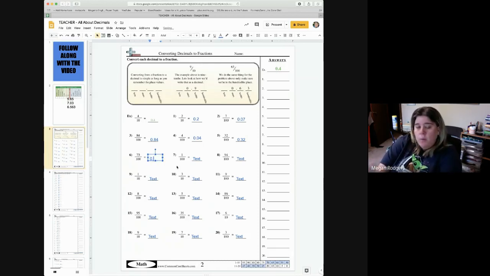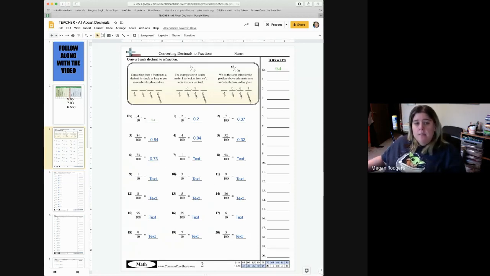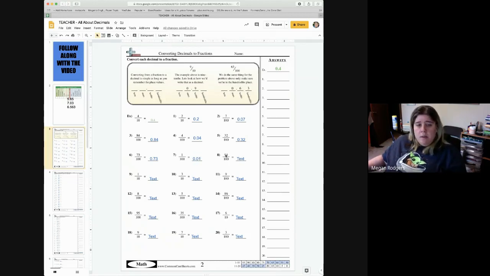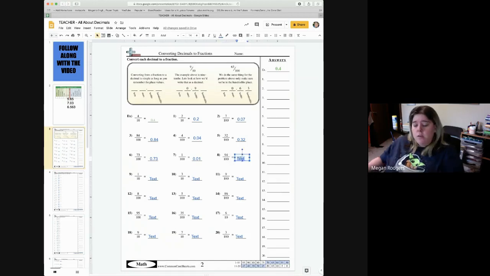So I know I want to fill in my 73 out to the hundredths place. 1 100th. Again, it's the hundredth, so I know that's the second place value. So these seem to be cruising right along here. 94 100ths. I think we have the hang of how to do hundredths.